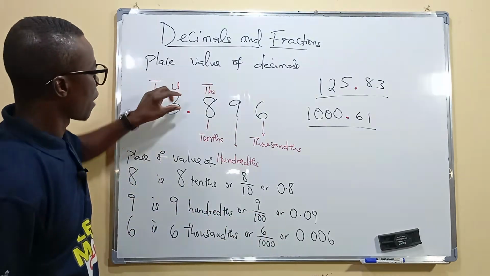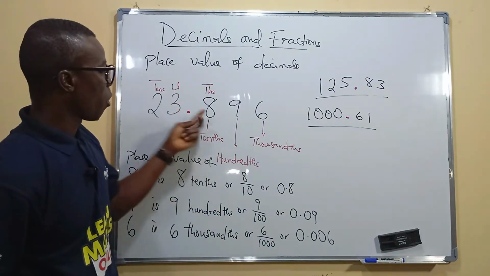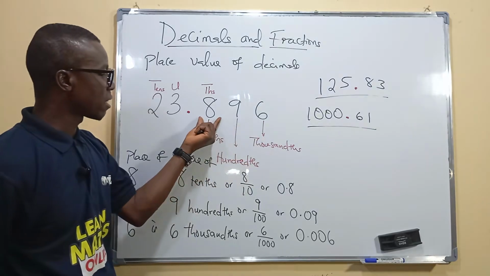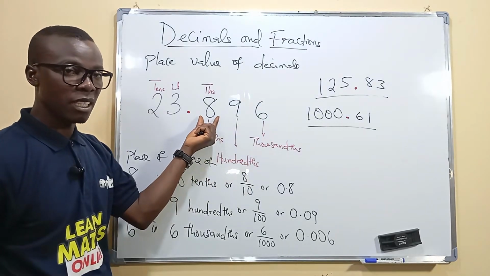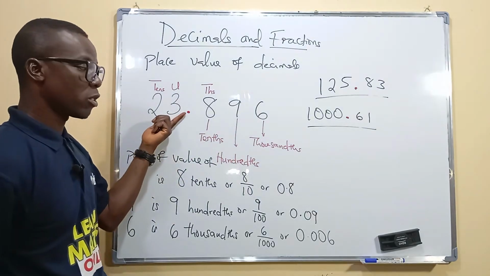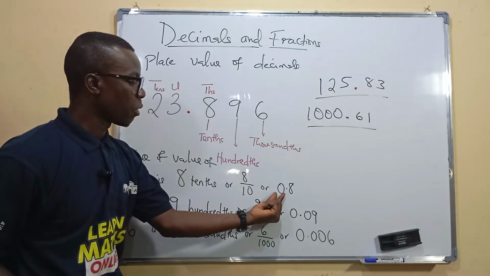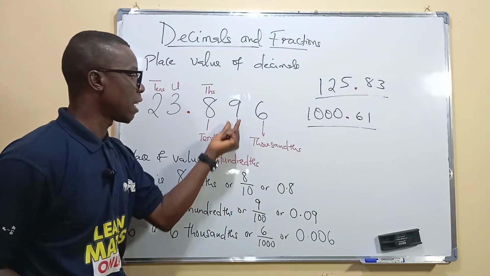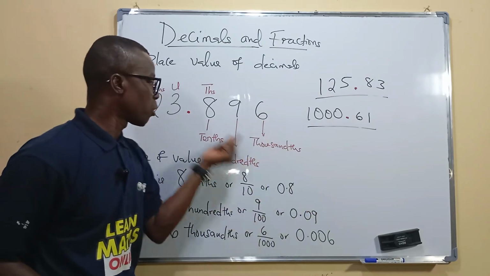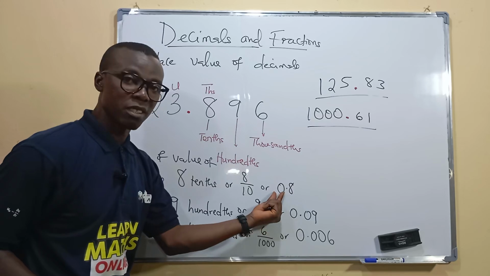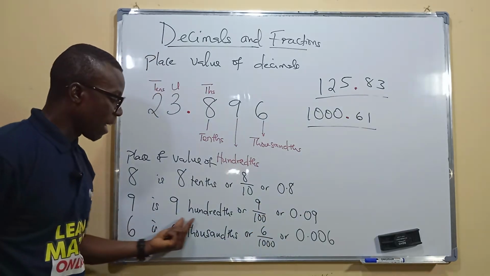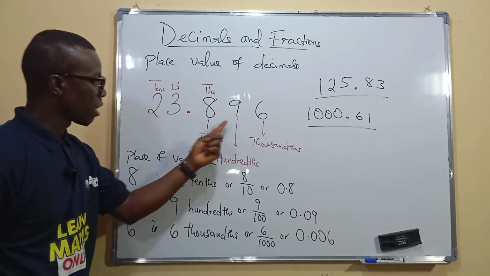Now, how did I get this done? To find the place value of 8, I'm going to simply make all the other digits aside from the one I am interested in to be 0. So when all these other digits are 0, we have 0, 0 here, which is same as 0. You can see it collapses to 0 entirely, and then the other digits here are zeros, and then here we have 8, so this is 0.8. We can also have this here, 900, that is for this.